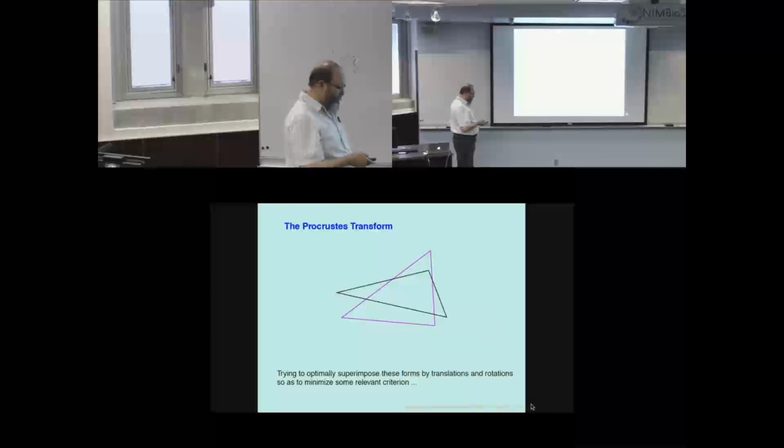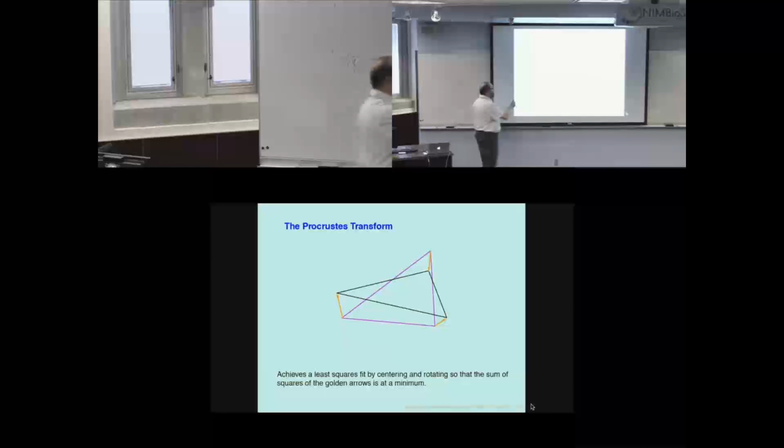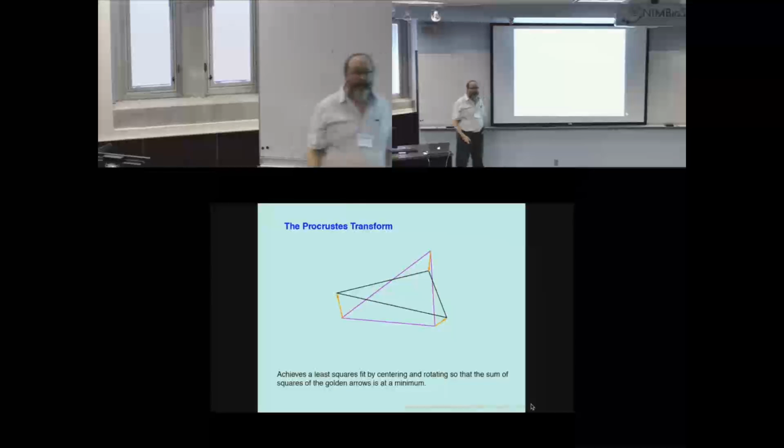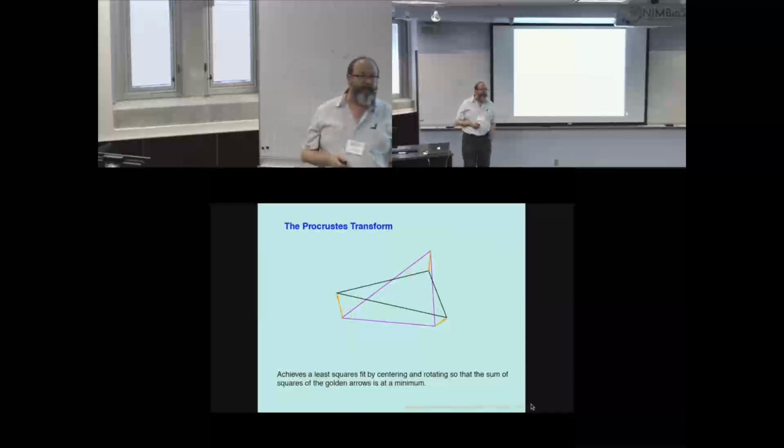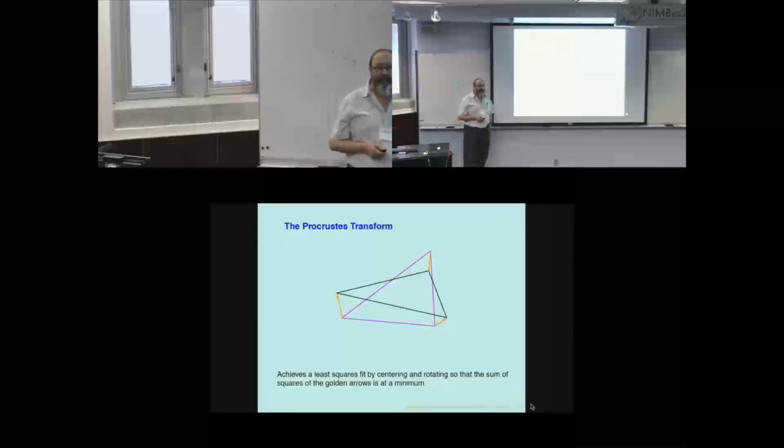What you do to do it their way is you take the corresponding landmarks, you know which those are. This is landmark number 1, this is landmark number 1. You have a line between them, and you measure the fit of these figures to each other by summing the squares of those distances. So it's a least squares fit between two forms.